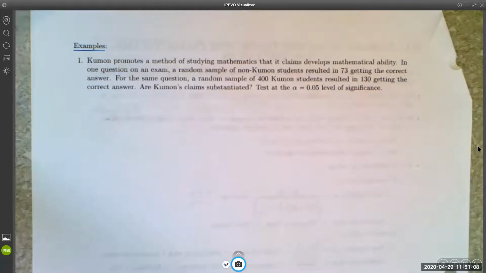Well, how small does the p-value need to be? It needs to be less than alpha. Alpha is the probability that you make a type 1 error, and so you need to be more certain than alpha that you're not making a type 1 error. So your p-value needs to be smaller than alpha in order for you to safely reject the null hypothesis.